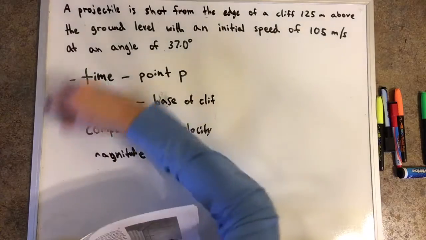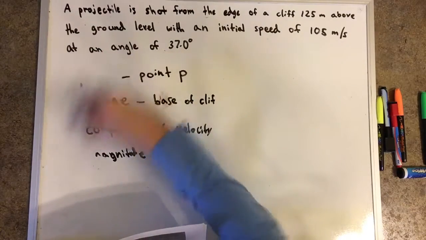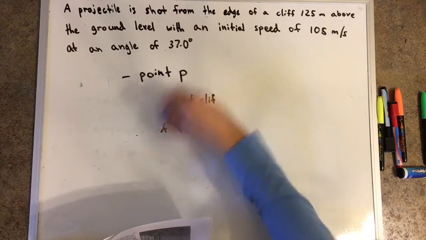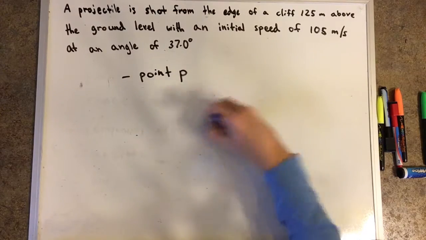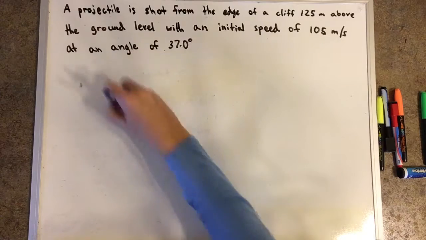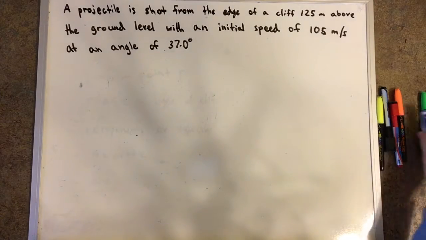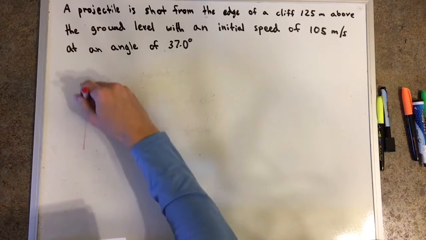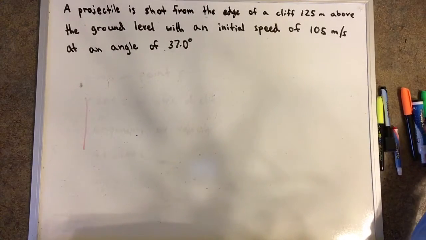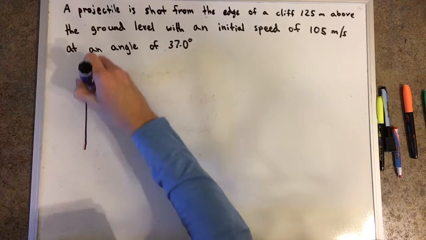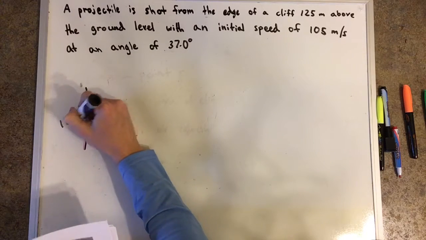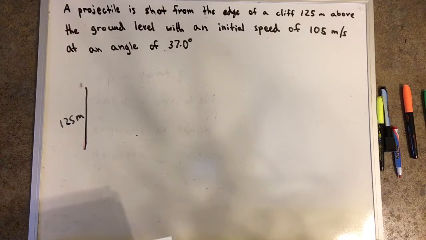So first, let's draw a diagram. Drawing a diagram helps with visualizing the problem to be able to answer the questions more easily. So, here's a cliff, which is 125 meters.